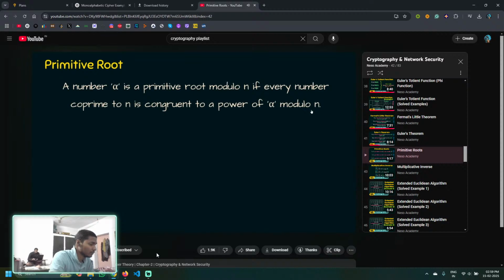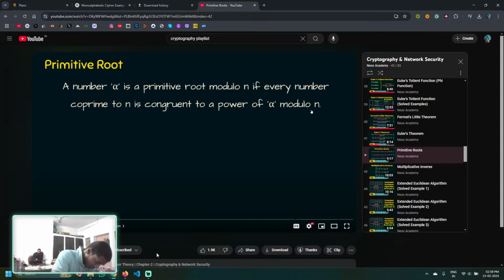I know the definition seems to be intricate, but I have made the definition easy for you. So let's see the easiest way of saying this.